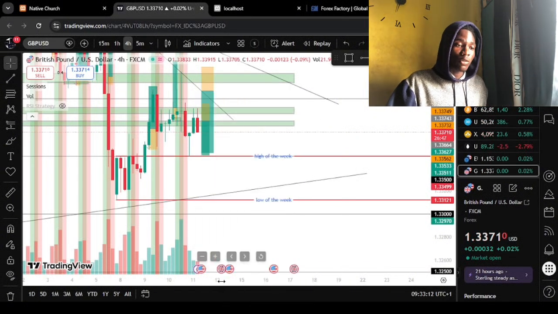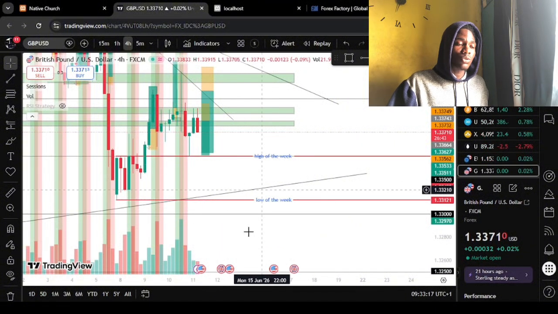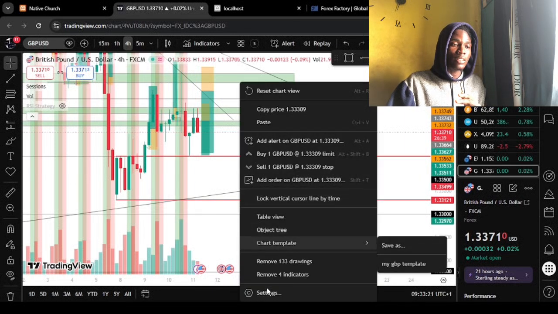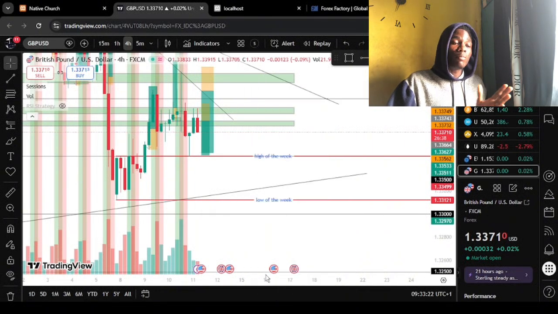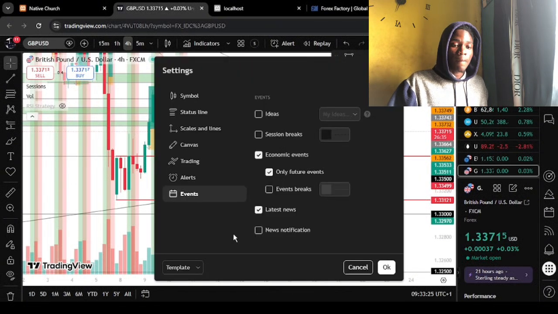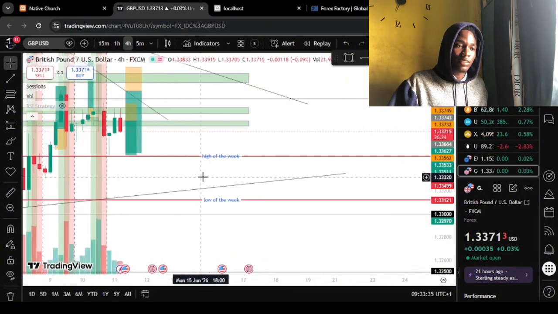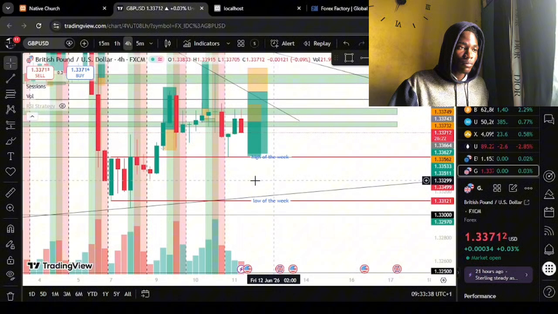I just right click, come to my settings, and go to events. Under events, I toggle on session breaks. Then it's going to bring these grid lines that we are seeing here.